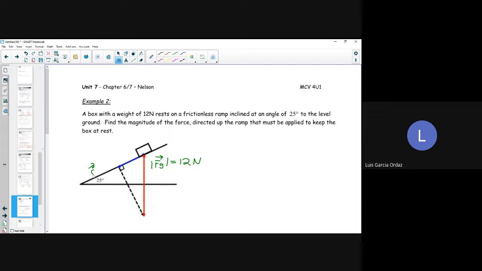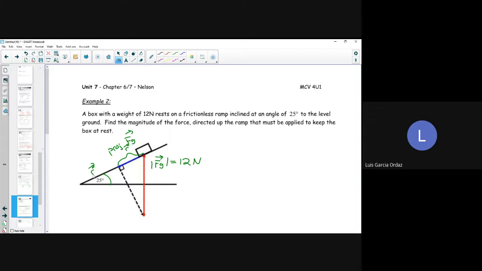And based off of what we know so far, this guy over here is going to be my projection of F on R. So I know this guy over here is 25 degrees.